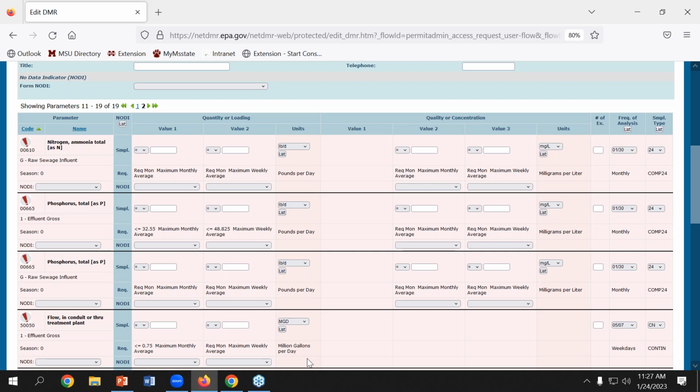The highest effluent concentration does not necessarily mean the highest loading. You have to calculate each one and determine the loading, because the flow may have been higher on a day where the concentration was actually lower, meaning that it could result in the loading being higher.